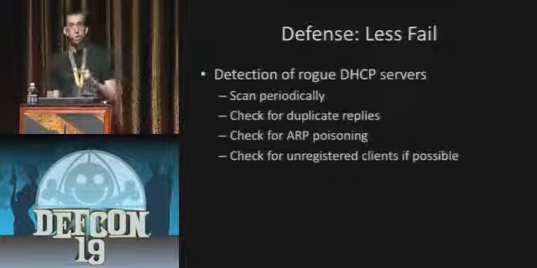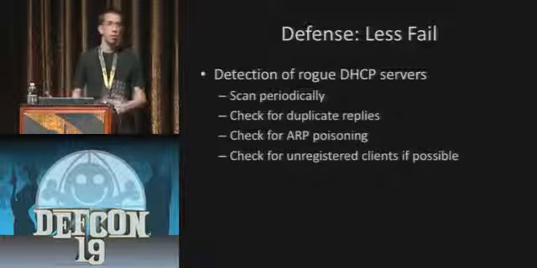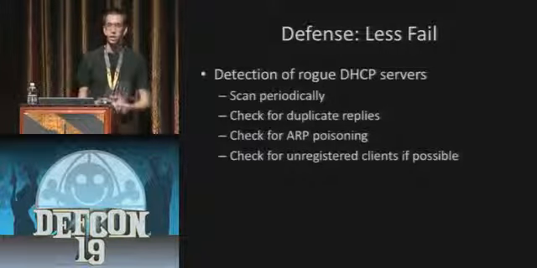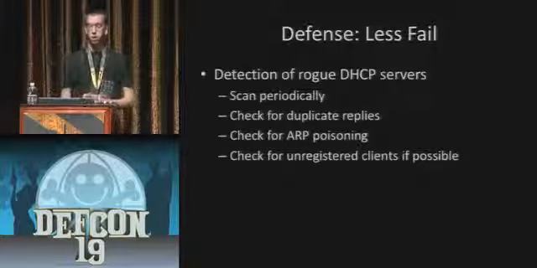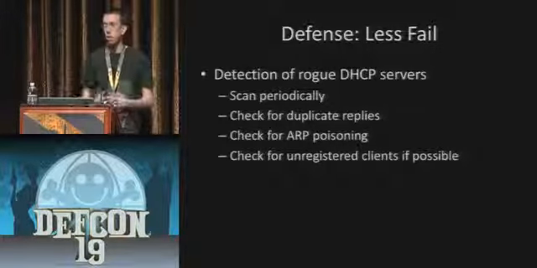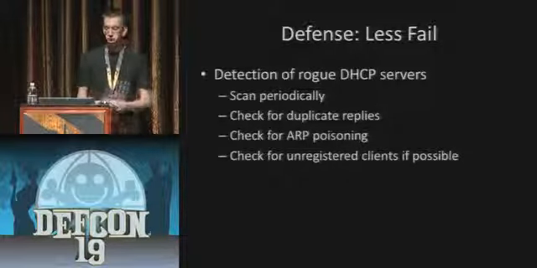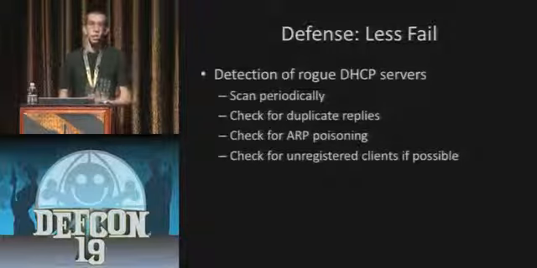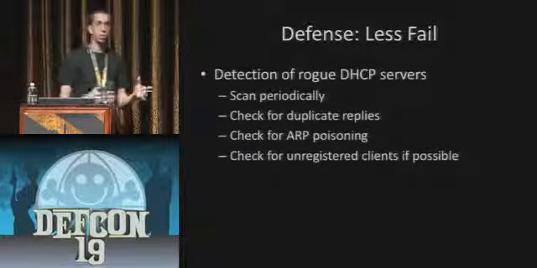Now, you can fail less by at least having something available to detect rogue DHCP servers. So you could have software monitoring, scanning for them, or listening for duplicate replies to requests which are sent out. There is a possibility someone could use ARP poisoning to pull off this attack. That would be difficult because you can't ARP poison them beforehand.